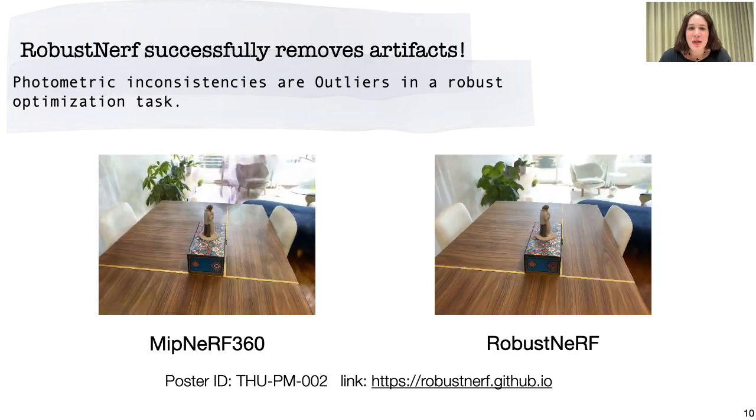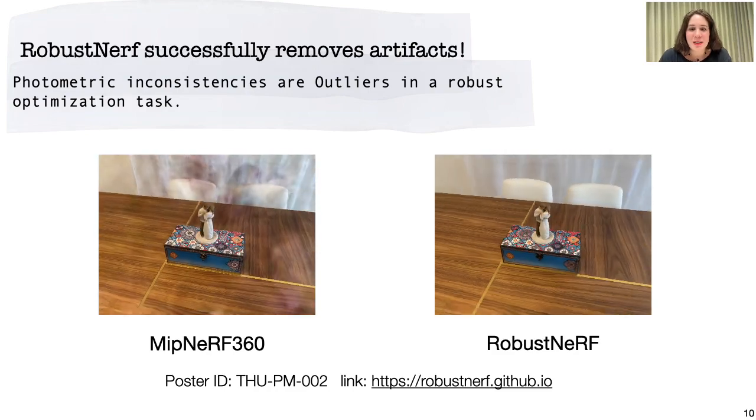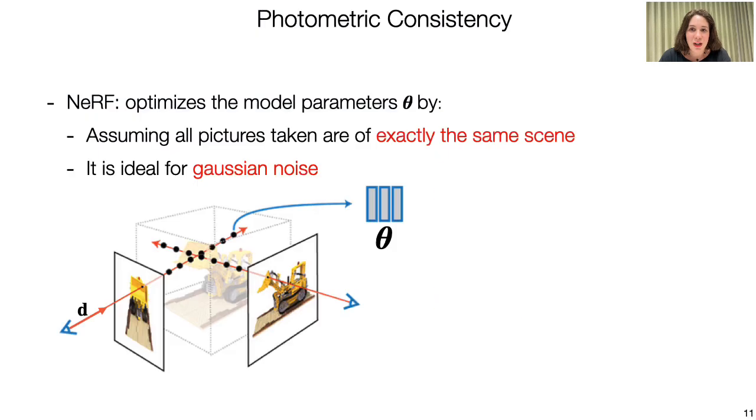Now, let me do a deeper dive and explain some of the details. NeRF training tries to find a 3D world that explains the images up to an IID Gaussian noise. Therefore, if the noise is structured like a transient object, it has to fabricate a weird anomalous 3D world.